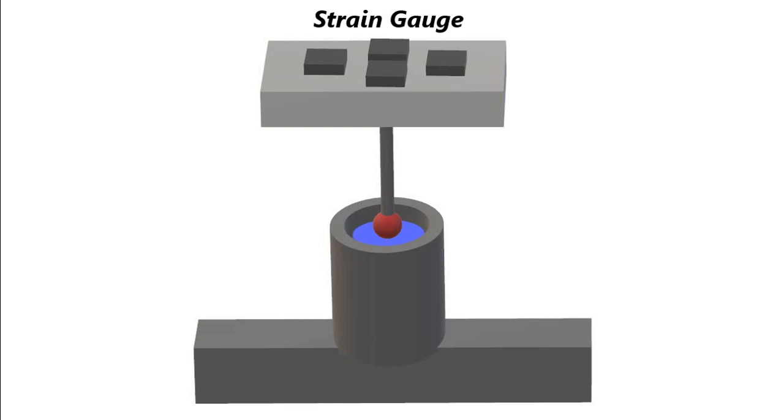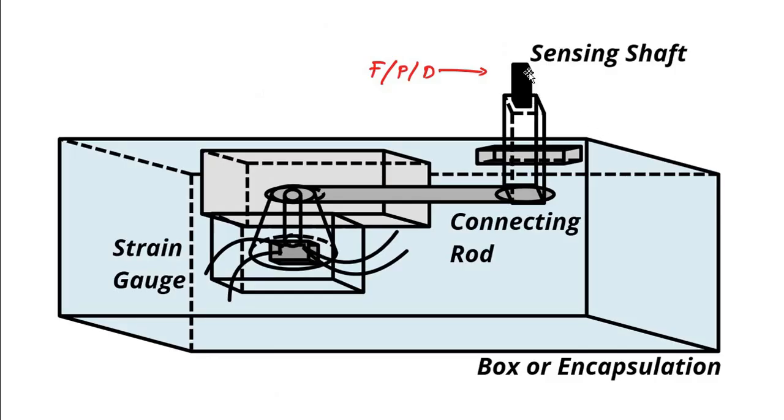Here the strain gauge is connected to the rod attached with the float, and it is connected to this sensing shaft which I showed you at first.